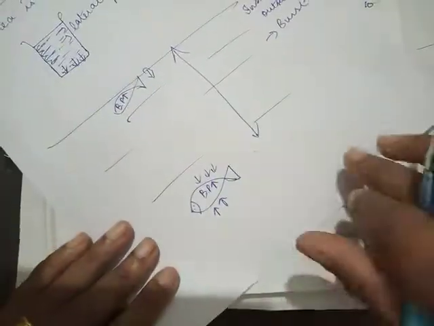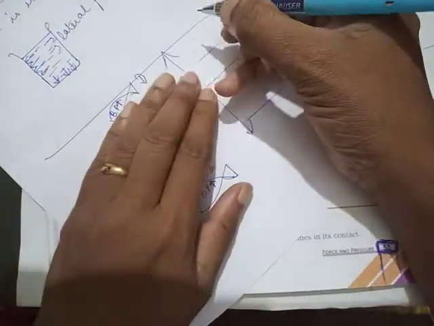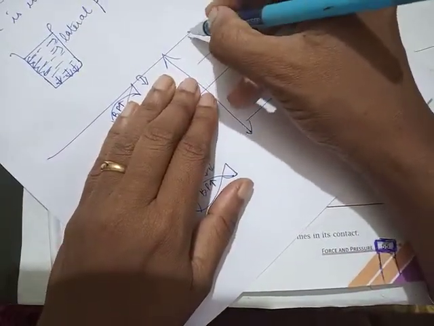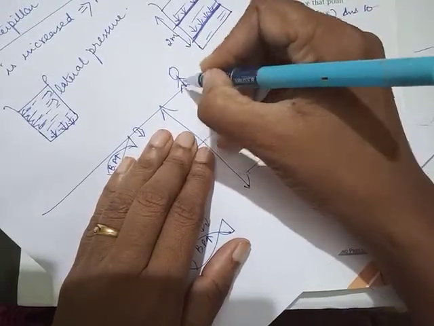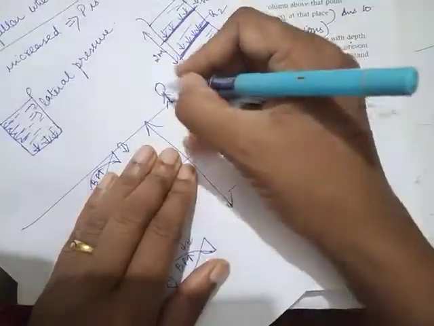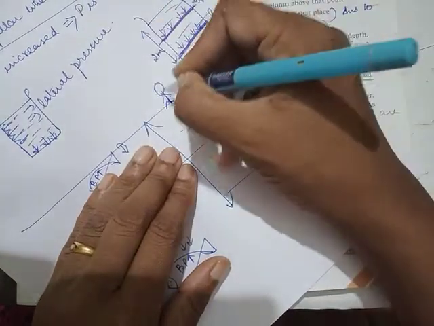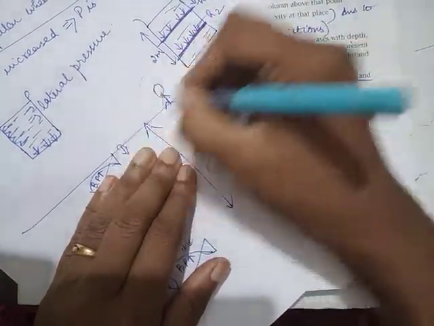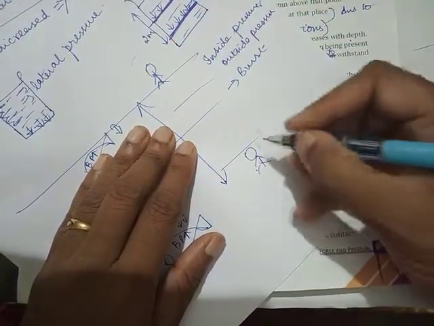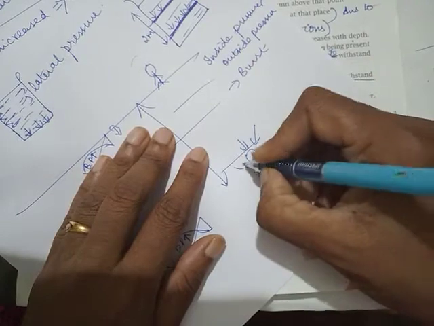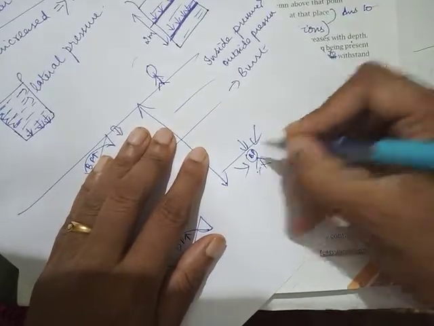You understand? Inside pressure is so high, the blood pressure is so high, it can just burst and blood can come out. On the other hand, with sea divers or human beings, our blood has a pressure because we live on the surface of earth, we don't live inside water, right? So our blood pressure is equal to the pressure outside on the surface of earth. Now if a sea diver goes inside, what happens? Outside pressure will be high, but his blood pressure will be low.